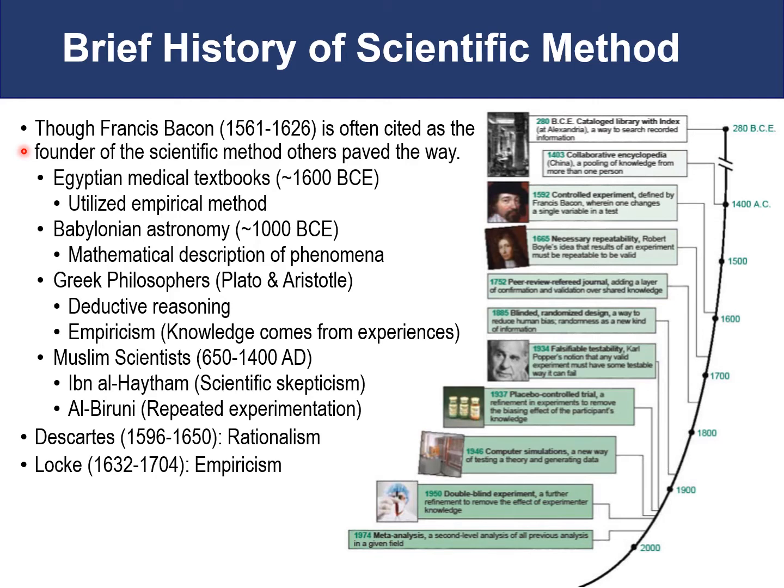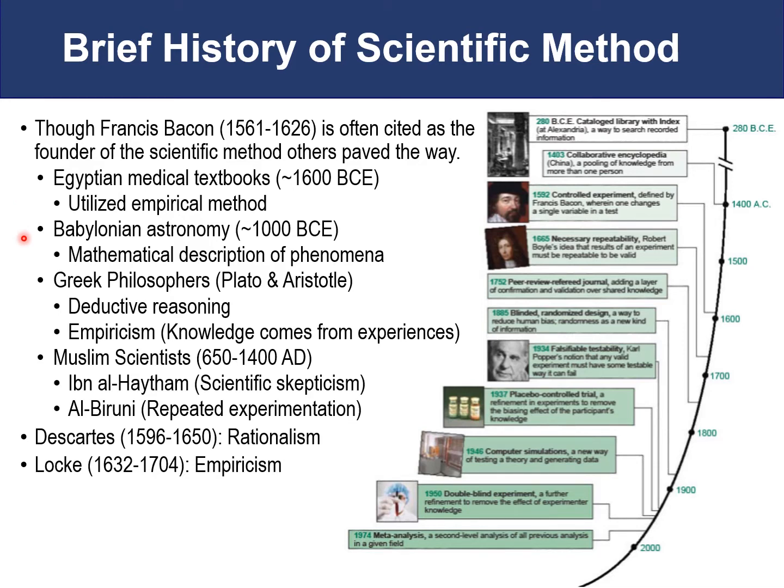It's not as though it was an epiphany which developed on its own. Dating back to as early as 1600 BCE, you had Egyptian medical textbooks which utilized the empirical methods using different experiments, which are a key component of the later development of our modern scientific method.